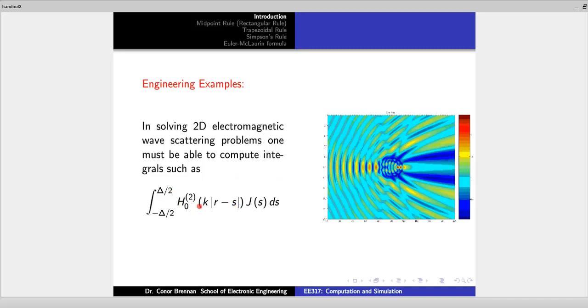But the problem is, how do you do this integral? This interaction between one little discretization and another requires we do an integral like this, of this function here. This is called a Hankel function. It's a function which models wave behavior in 2 dimensions. This here, J, is the surface current in that little discretization.